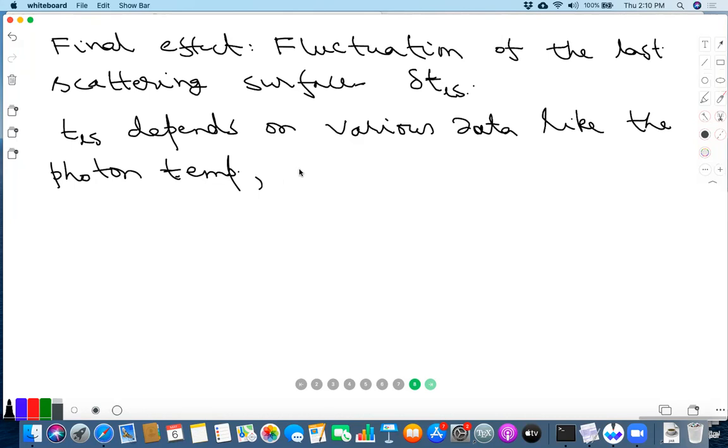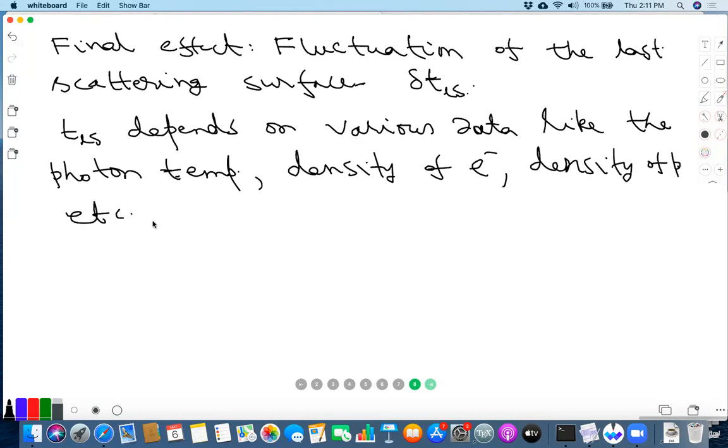But it also depends on the density of electrons, e minus, density of protons, and so on. And each of these could fluctuate.